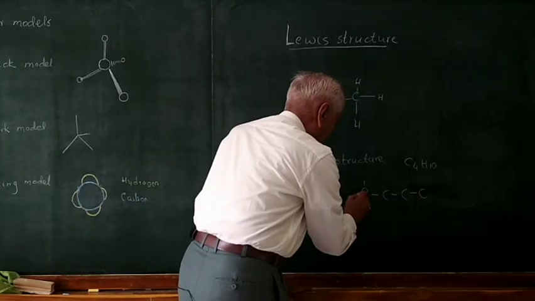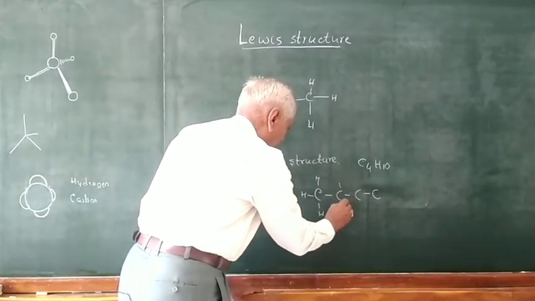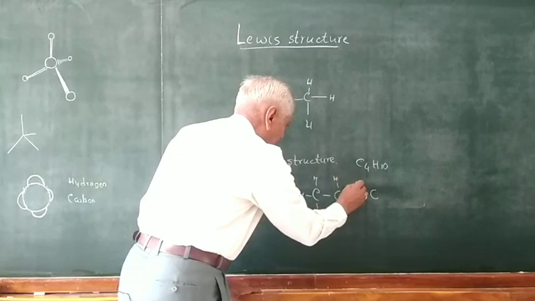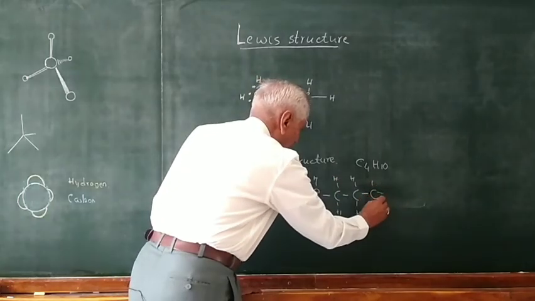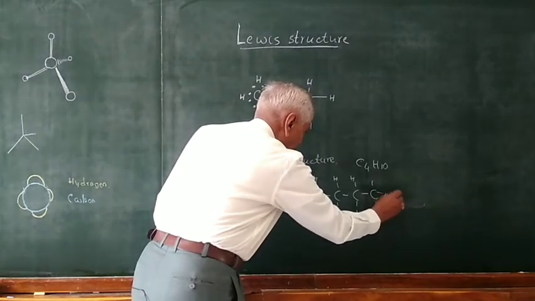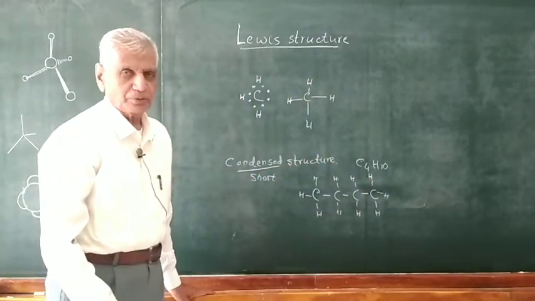And this has 3 hydrogens. This has 2 hydrogens. Similarly, 2 hydrogens and 3 hydrogens. This is the complete structure or Lewis structure.